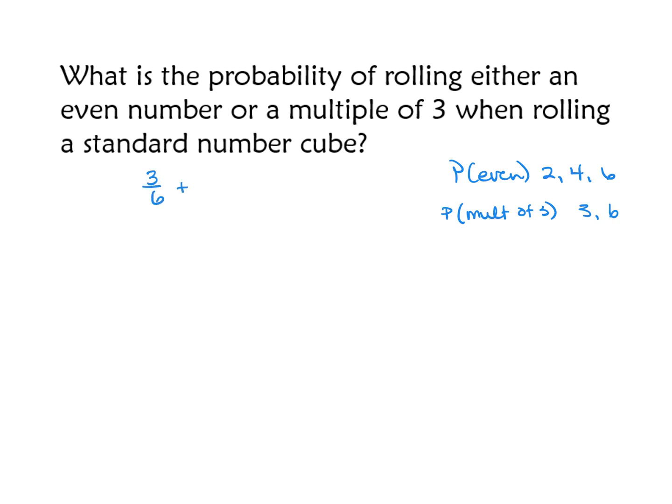Plus, because it's an or, probability of multiple of 3, that's 2 out of 6. However, I have one overlap, right? There's one that falls into both categories. So the probability of A and B is 1 out of 6. There's one overlap, so I need to subtract 1/6. That gives me a total of 4/6, or you can write that as a decimal, 0.67, either way.